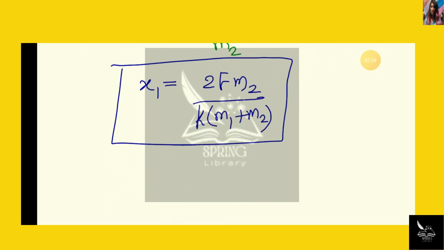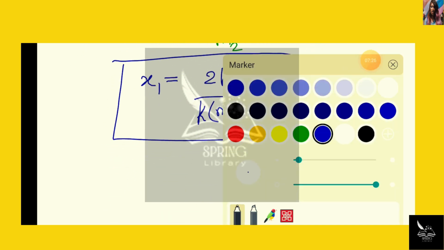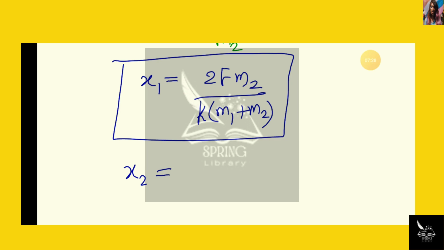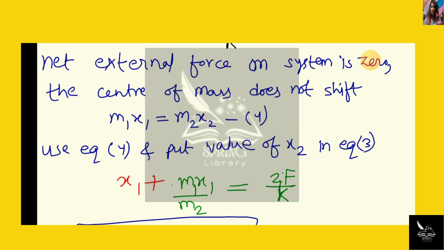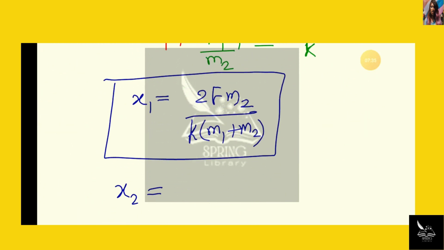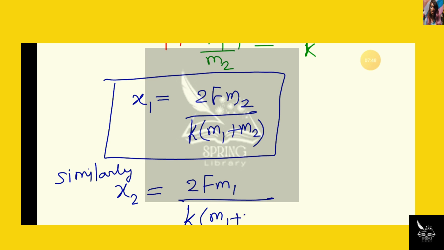Similarly, using equation number 3, x2 will be 2f m1 divided by k times (m1 plus m2).